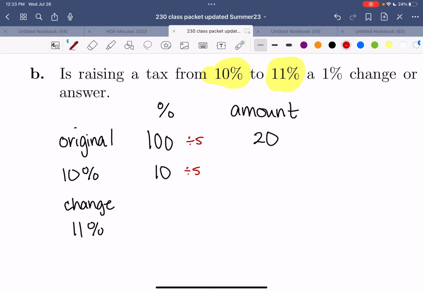So we're kind of using a factor of change. Then this will become 5, right? 10 over 2, right? So 10% is $2.